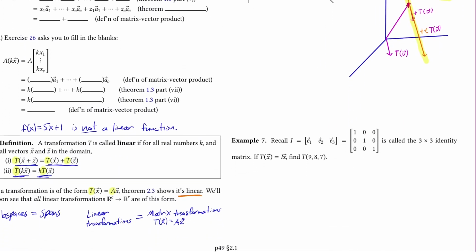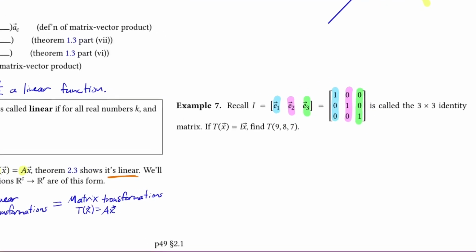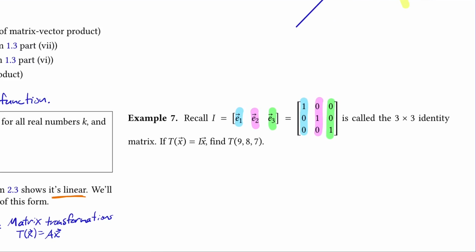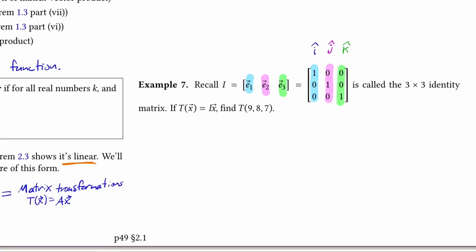Let's look at another example here. Here we have I is the 3 by 3 identity matrix, where the columns are e1, e2, and e3, also known as i, j, and k if you prefer. So if T of x is defined as the identity matrix times x, let's find T of (9, 8, 7).